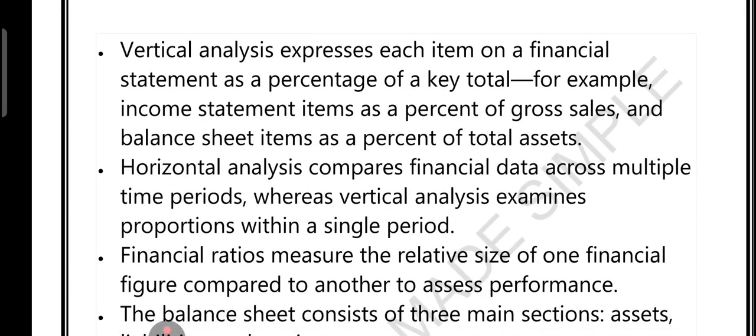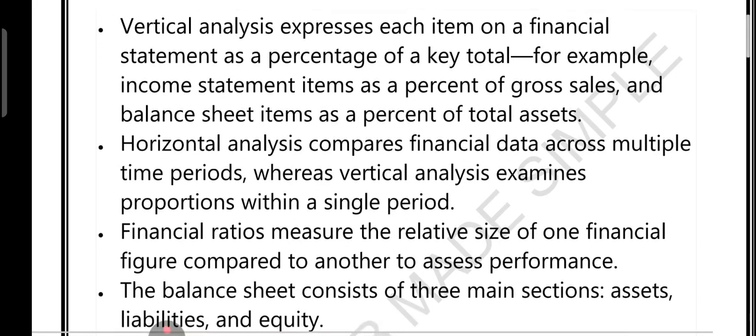Let's simplify financial statements for you. Vertical analysis looks at one period and expresses every item as a percentage of the total. For example, income statement items as a percentage of the gross sales, balance sheet items as a percentage of the total assets. So this is how vertical analysis looks.